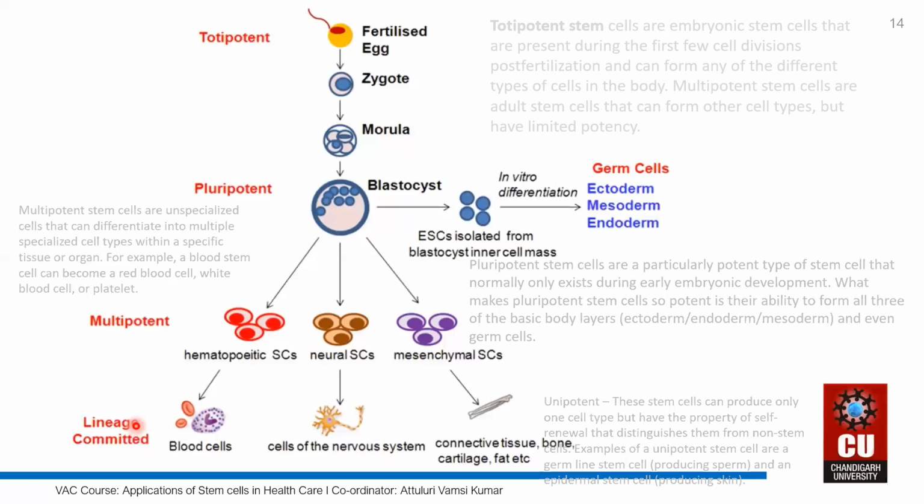Now there is an issue, students. The issue with this transplantation is, listen, we all have an immune system. When I receive a tissue from another person, my immune system will reject it. My immune system will reject the donor's blood or donor's tissues.